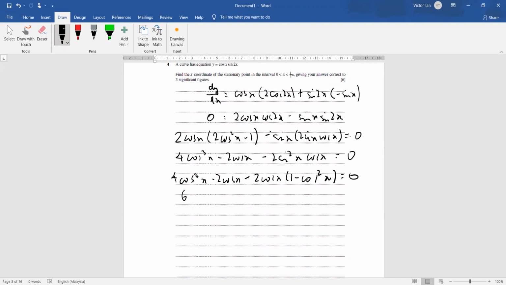So this is 6 cos cube x minus 4 cos x. Factorizing, you have 2 cos x (3 cos square x minus 2). You have cos x equals 0, so x is half pi, but it cannot be equal to half pi. So there's no solution here.